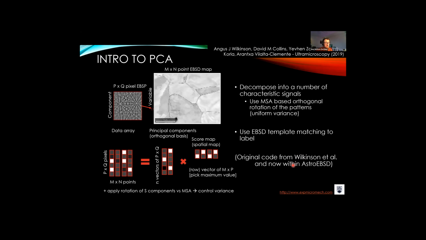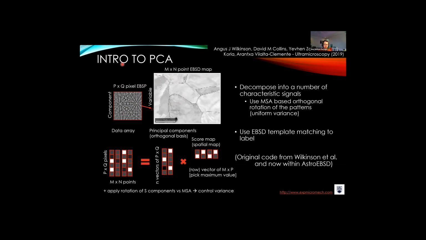So one of the methods we started to think about is, could we use some statistical clustering techniques? Any of you who are familiar with these approaches are probably familiar with the principal component analysis method. Principal component analysis is an eigenvalue, eigenvector decomposition. Effectively, it's a non-spatial clustering of data to enable you to reduce this map, which contains a series of P by Q pixel diffraction patterns collected at n by n points across this map.